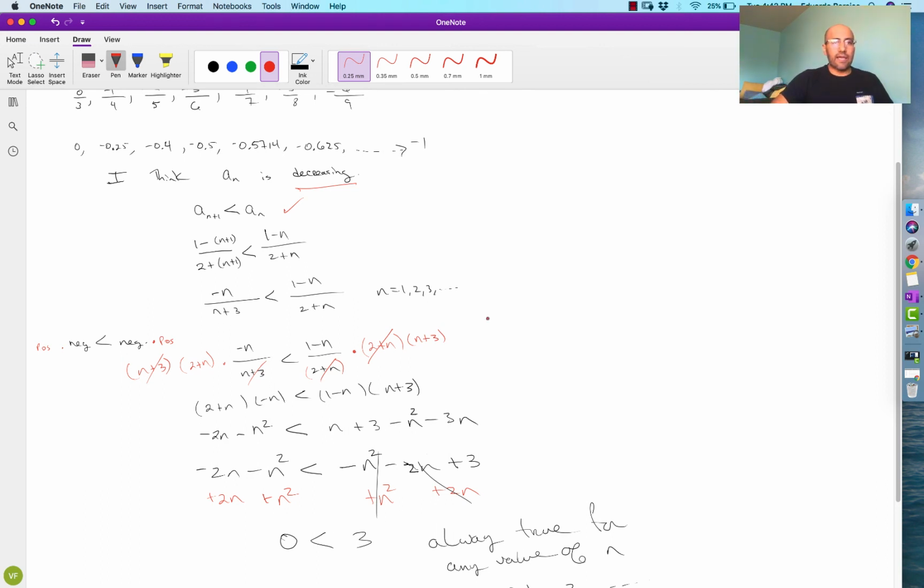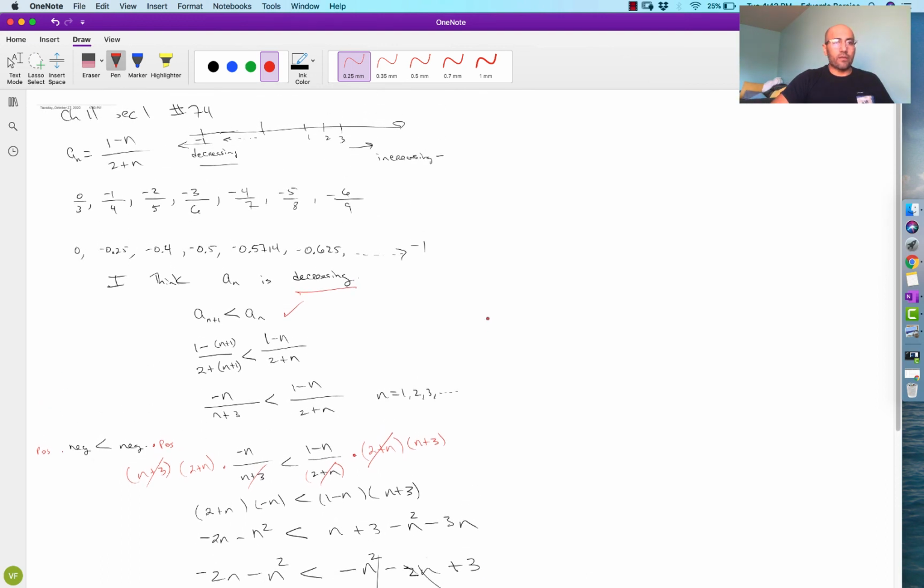Now, decreasing and bounded. Well, from our Desmos graph, we got the intuitive idea that this was heading toward -1. So there is a lower bound, and the lower bound doesn't have to be -1. We can just pick anything below that.